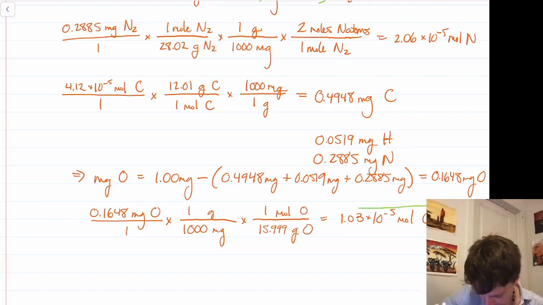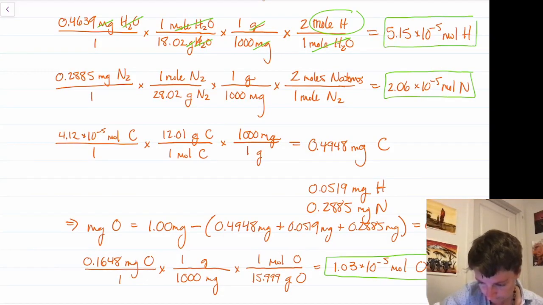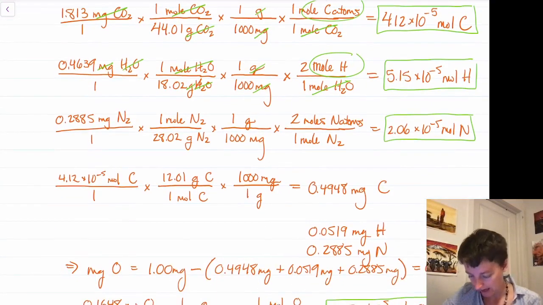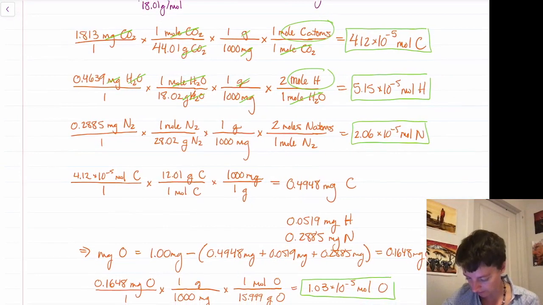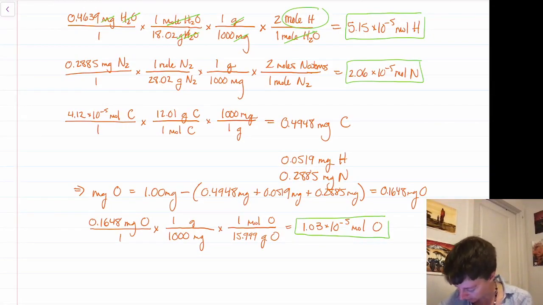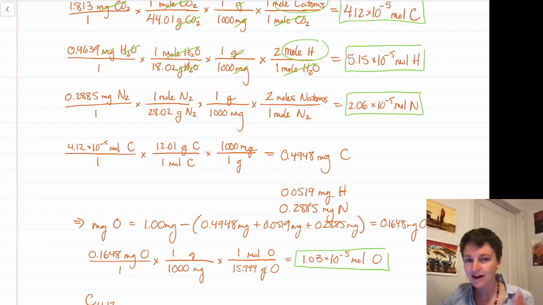And so let's remind ourselves of all of the moles that we determined. This many moles of carbon. And now, to get my final empirical formula, I just need to figure out what that mole to mole ratio is going to be. So I'm going to start off kind of messy. Carbon was 4.12. Again, I'm not going to write the factors of 10 to the negative 5th because I know they're going to cancel out when I divide by the smallest number.